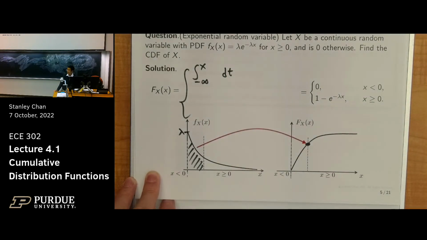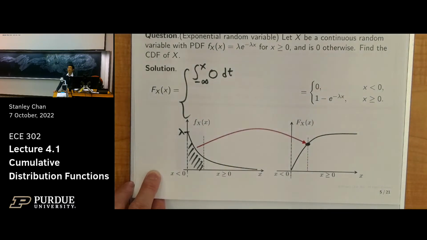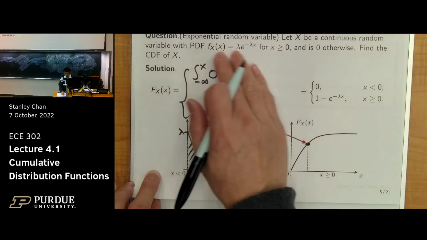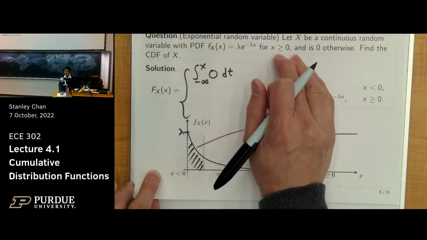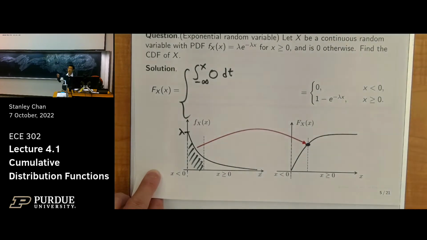What should be the PDF here? There is no PDF. It is 0, because my PDF is defined only for the non-negative x. And so now I'm looking at the case where x is less than 0, so your PDF is 0. So life is good, you get a 0.